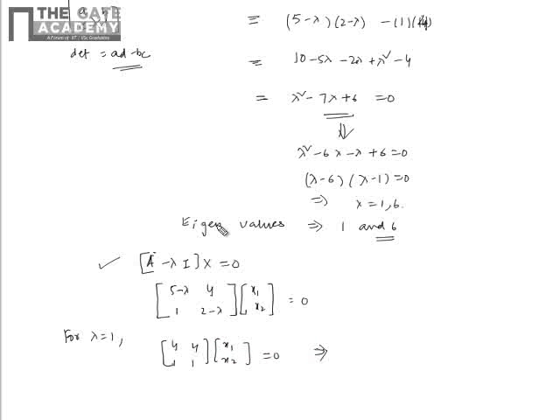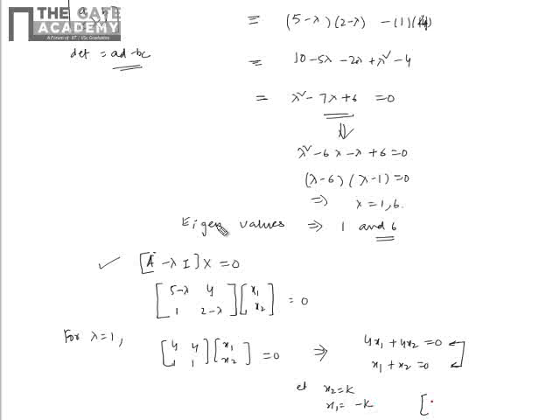This is just a set of simultaneous equations which I can expand: 4x1 + 4x2 = 0 and x1 + x2 = 0. If you divide the first equation by 4, it represents the same equation. So let x2 be k, and therefore x1 will be minus k.